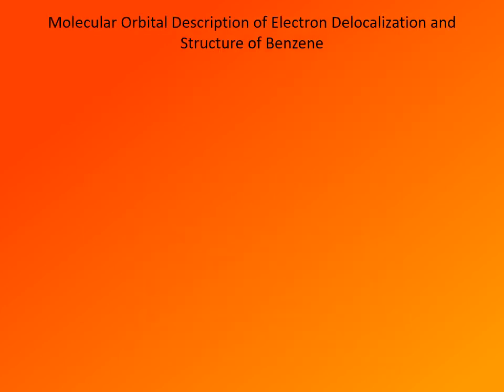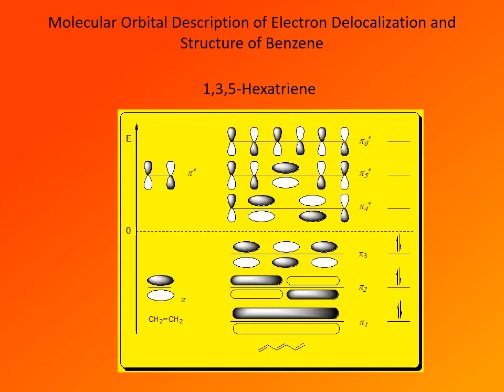Now let's consider a triene with delocalized electrons. So what is the molecular orbital description of 1,3,5-hexatriene? Well, on the left we have the molecular orbitals of ethene, which we just covered. And then 1,3,5-hexatriene is shown on the right.